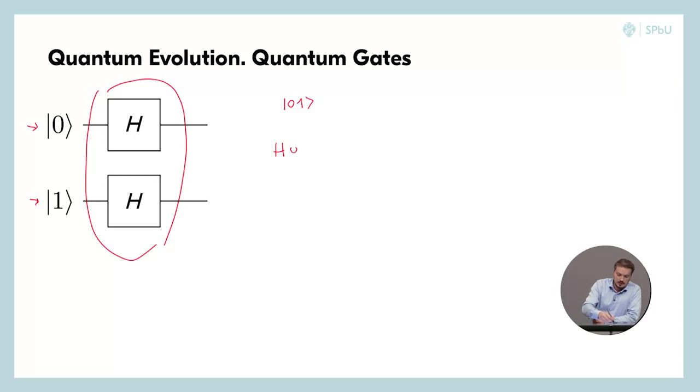You just need to multiply H by H to compute a tensor product, or a Kronecker product, which is this tensor product, and it is this matrix.